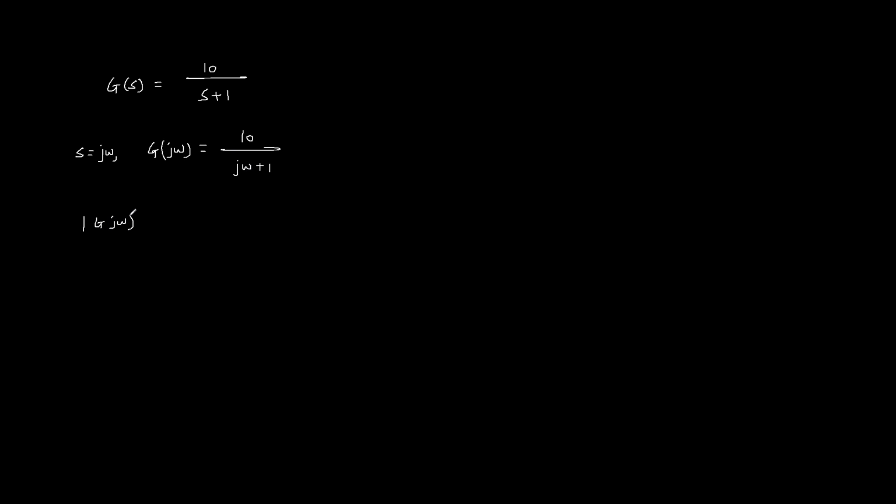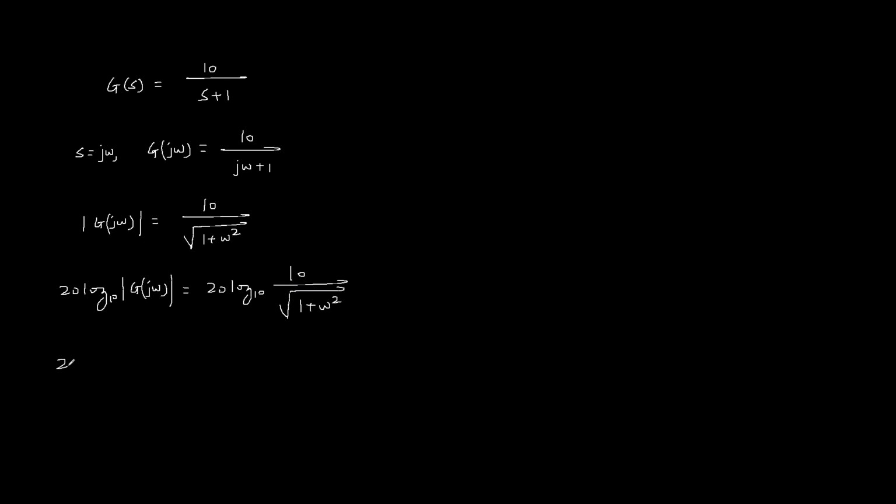Now we will write the magnitude of the transfer function. So it is 10 over square root of 1 plus omega square. Converting this in decibel, 20 log base 10 of magnitude of G(j omega) on the left side.